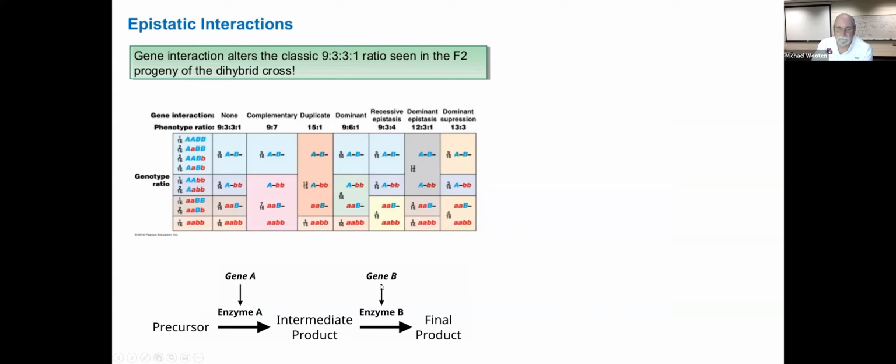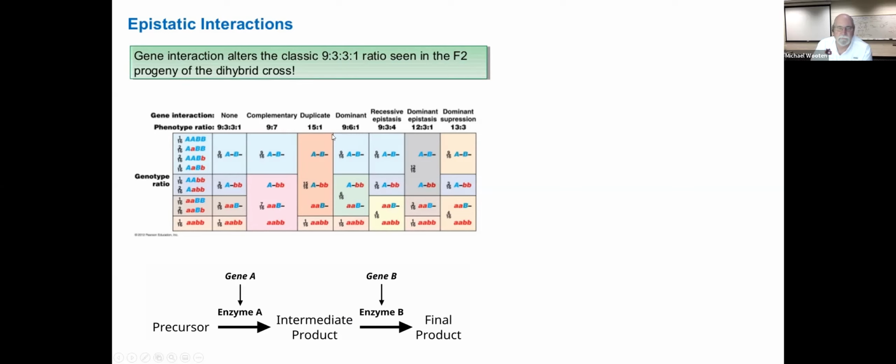That product is then impacted by yet another product, and you end up with a final product. Depending on what A does, it makes an intermediate product that B is going to work on. If A doesn't do its job, B can't do its job, and you end up with something. If A overdoes its job, you end up with something else. So the point is you've got multiple genes interacting.